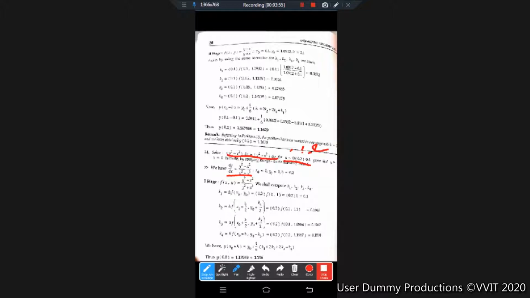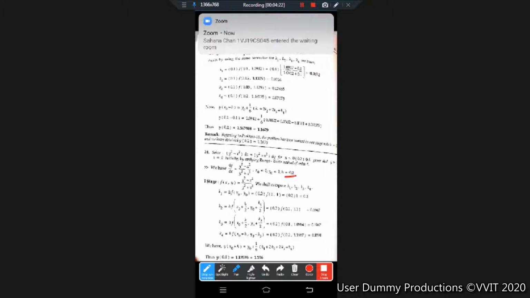So we got our dy by dx here. Now, from the given data, x naught is 0, and that's what we have written here, and y naught value is 1, which is also given in the question. So how did you get h is 0.2? They have not mentioned it in the question, but look at this: x is 0, 0.2 in the brackets, and 0.4. That makes it clear that h is equal to 0.2.